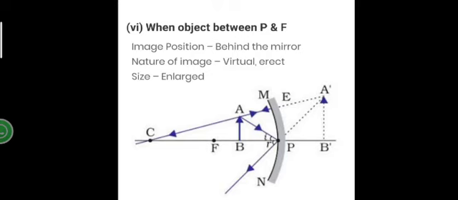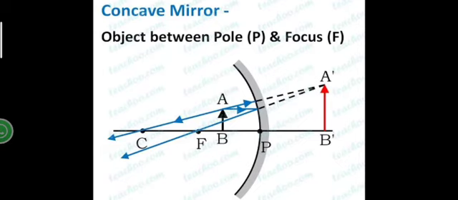These rays diverge as they move in front of the mirror, so if we extend them at the back side of the mirror, they meet at point A dash. So the image will be formed behind the mirror. When the rays do not actually meet, the nature of the image is virtual and erect, and the size is enlarged.